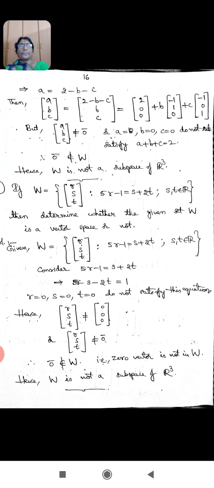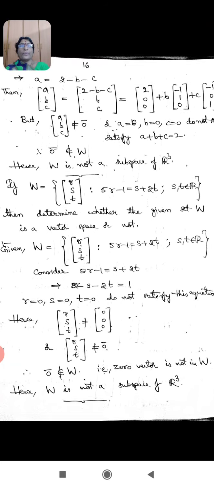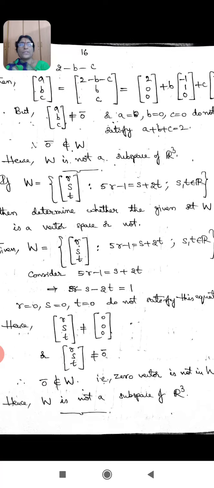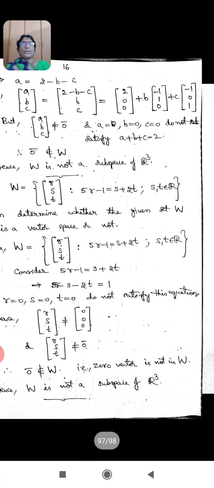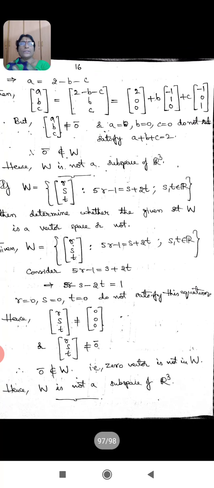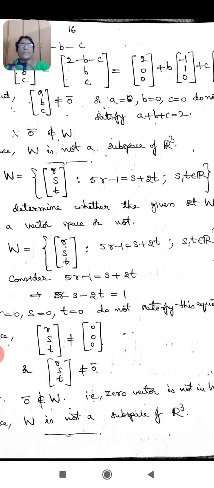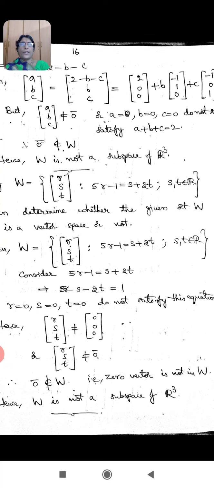Of course we could write (A, B, C) as a linear combination, but we should be cautious about the condition that the zero vector should always be in that set W, to show that W is a subspace or vector space. So let us see whether the zero vector is in W or not.